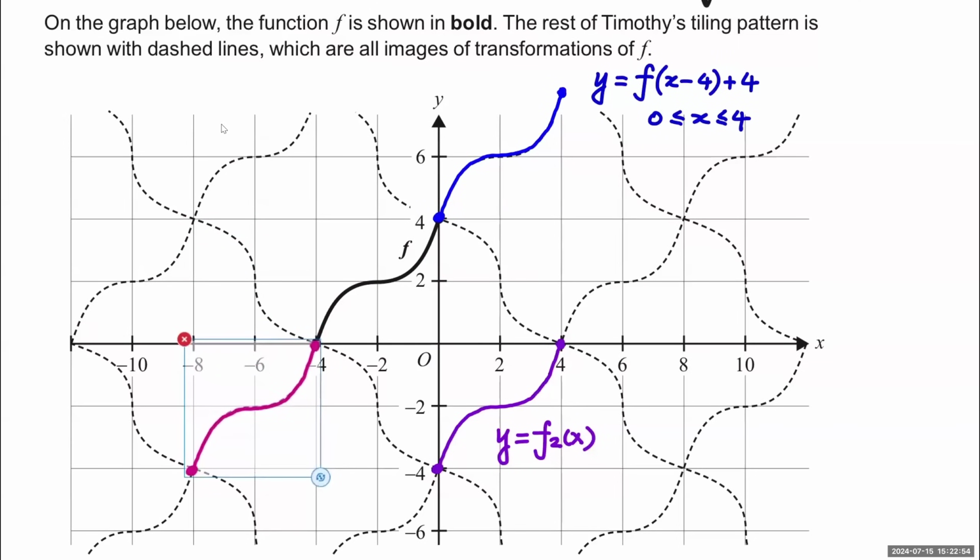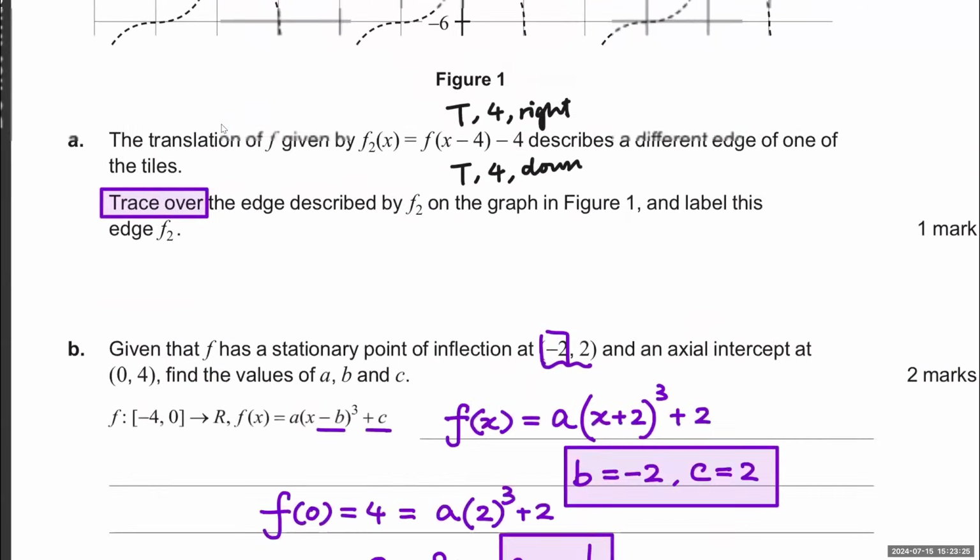You can see this one joins the function at x equals -4, y equals 0. So this version you could write as y equals f of (x plus 4) minus 4, for -8 less than or equal to x, less than or equal to -4, to create a continuous pattern. So there are 2 versions.